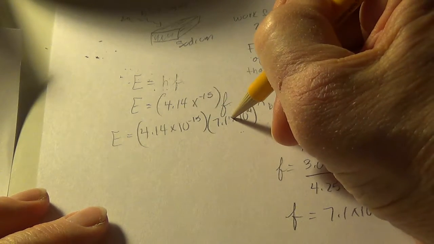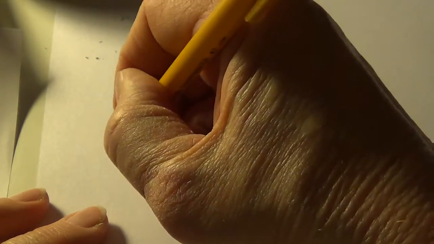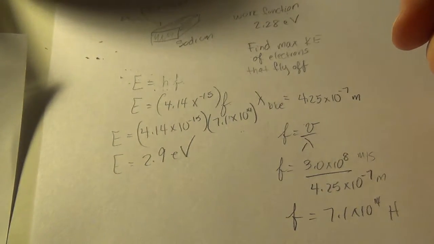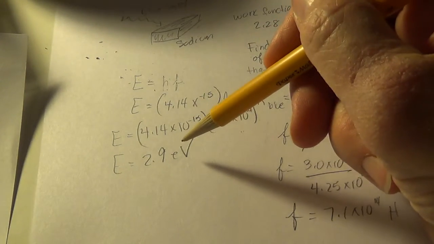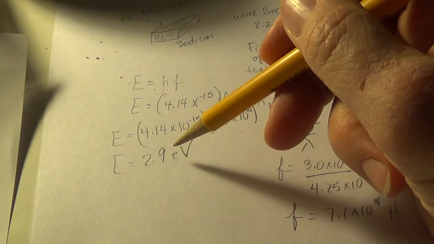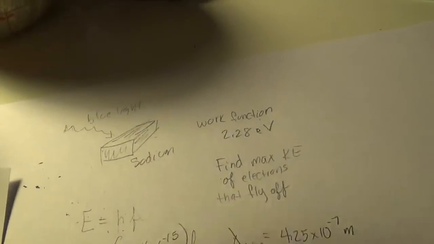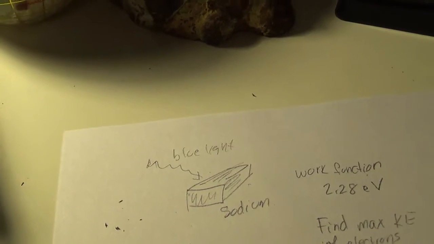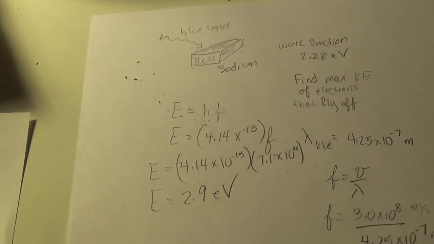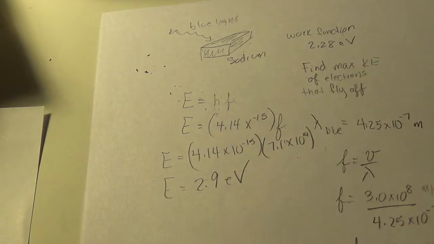So when I multiply those two together, I get 2.9 eV. So eV, 2.9, is a unit for energy, and we are going to recognize that that is not the complete answer, because the problem indicated that the sodium metal had a work function of 2.28 eV, yet the energy that this blue light gave to the sodium metal was 2.9.